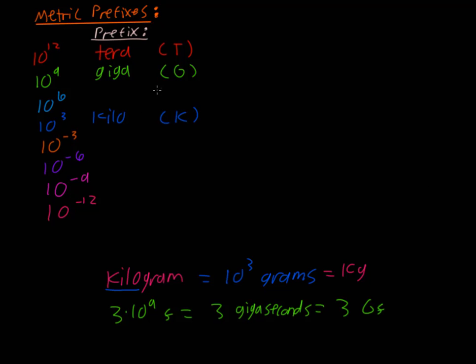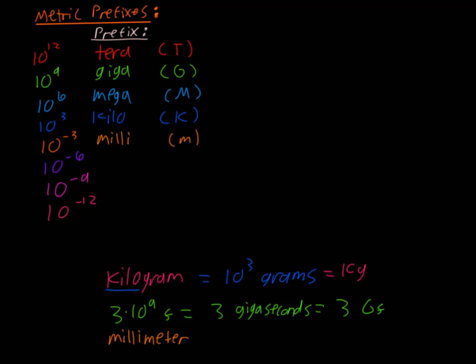10 to the 6th is known as mega, and it's given by a capital M. Let's go down to 10 to the negative third. 10 to the negative third is milli, and given by a lowercase m. You're probably most used to seeing milli in the case of a millimeter.